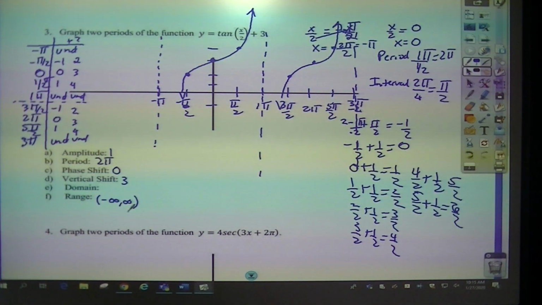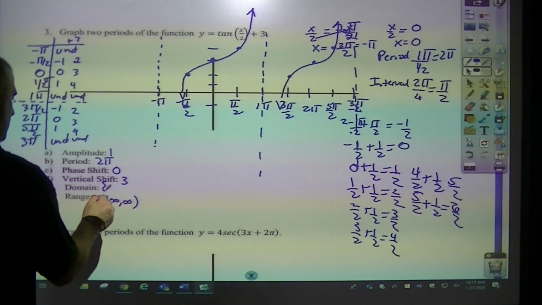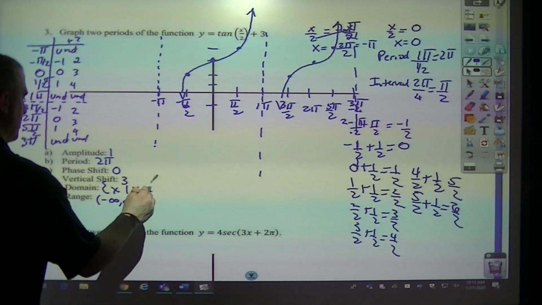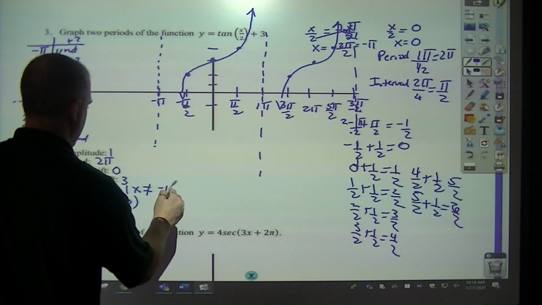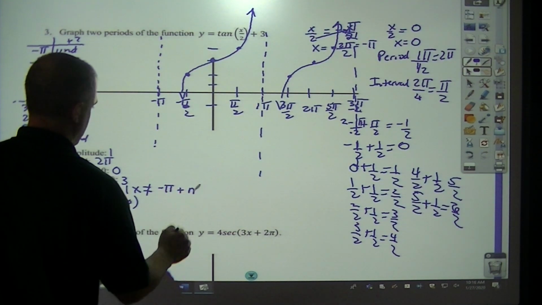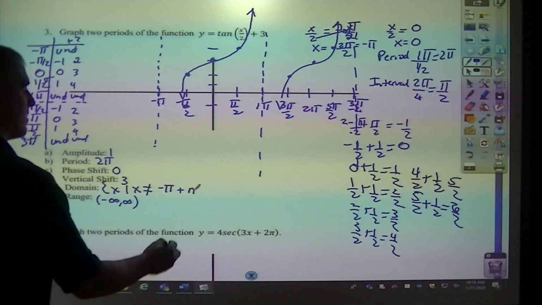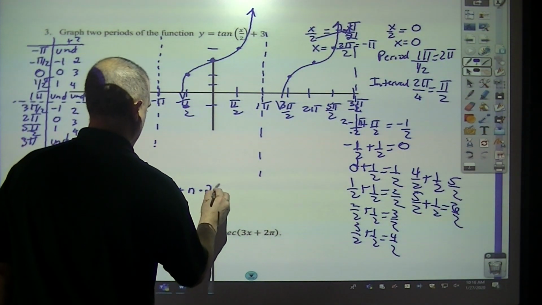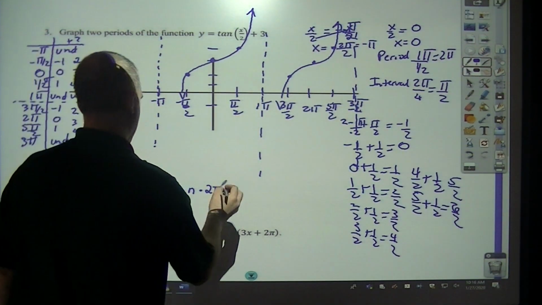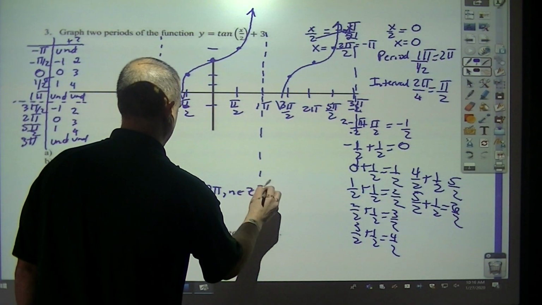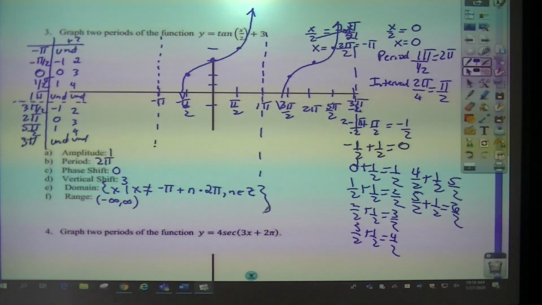My domain is x such that x can't be my first asymptote, which is negative pi, plus n times my period of 2 pi, where n is an integer. There's the range, there's the graph.